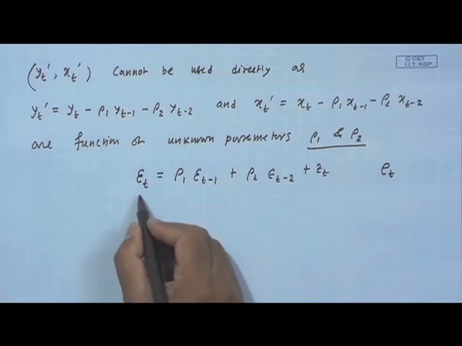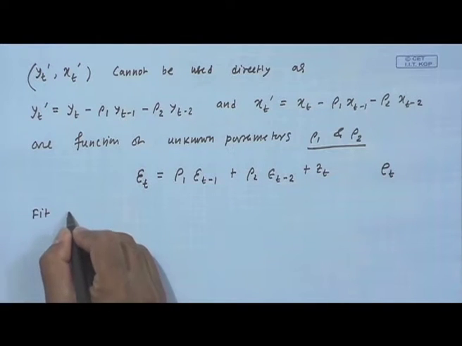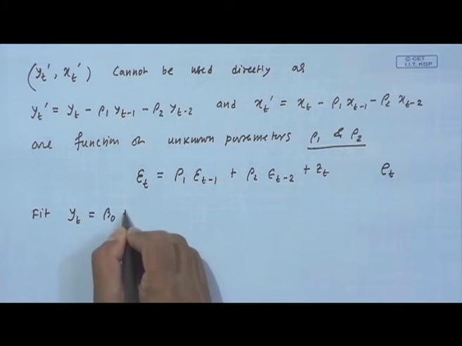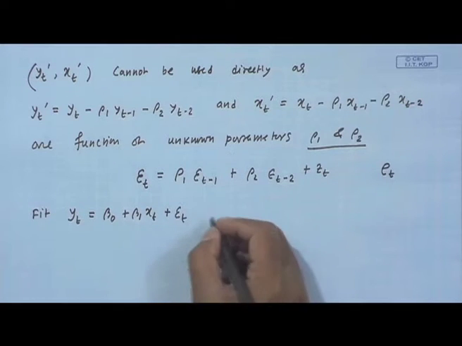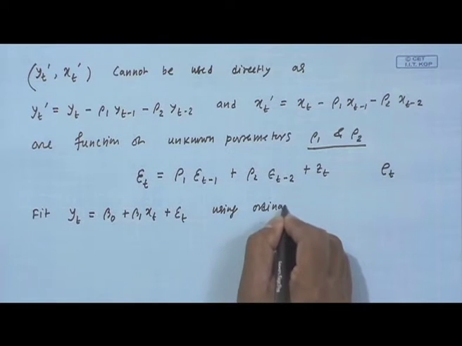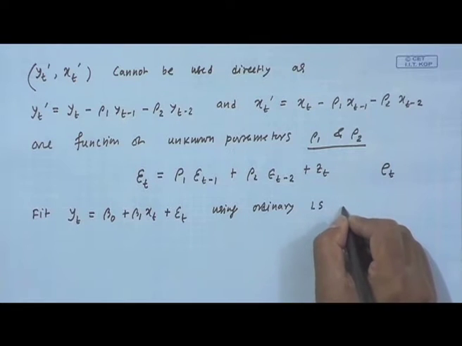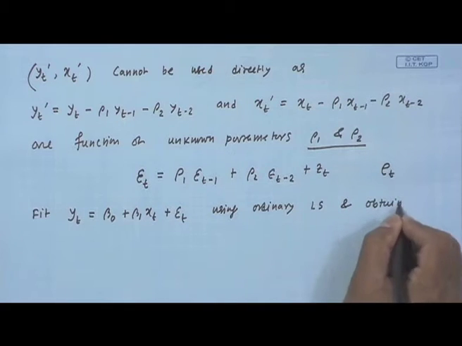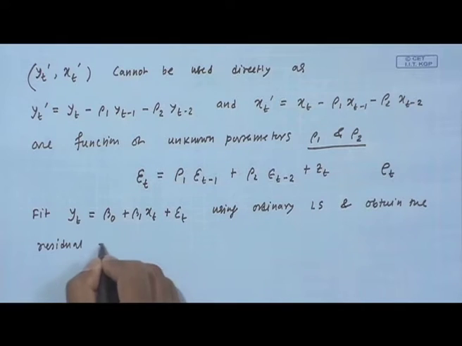So, what we do is that we fit this model y t equal to beta naught plus beta 1 x t plus epsilon t using the ordinary least square technique, and obtain the residuals e i.